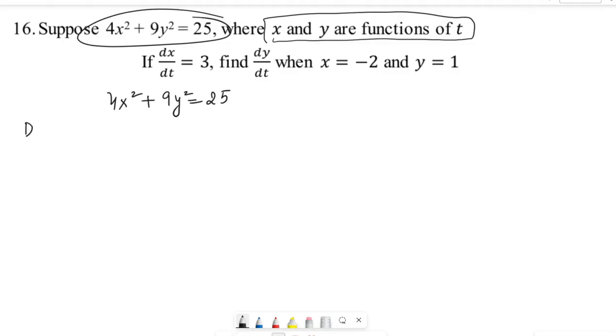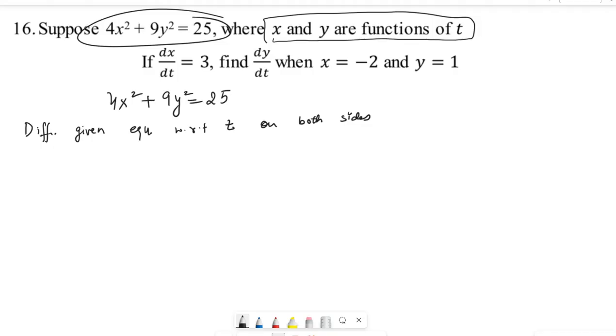So we are going to differentiate the given equation with respect to time here on both sides. Please remember we are differentiating both sides. Remember in this question x and y both are functions of t.